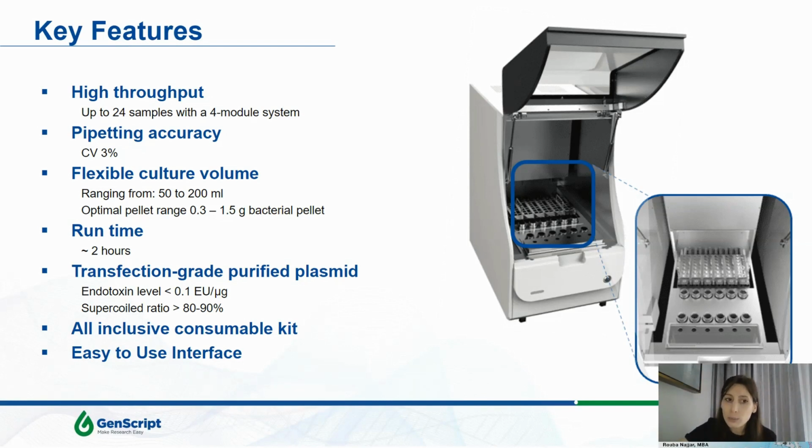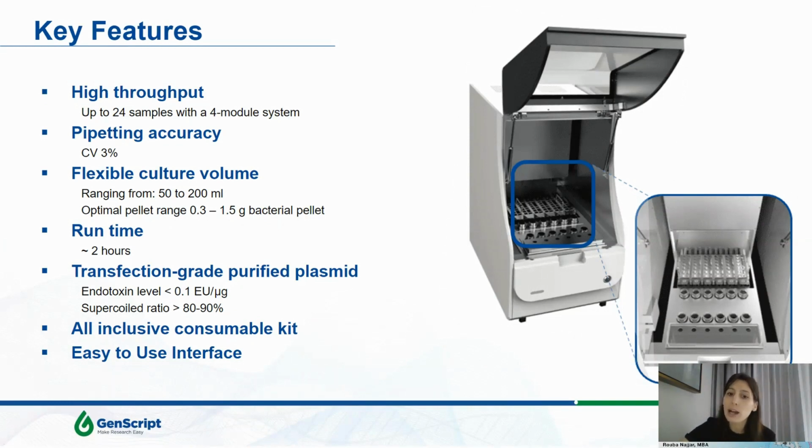And what you will end up with is actually transfection-ready pure plasmid, which of course is one of the top grade plasmids. So that means when you take the plasmid into your transfection assay, you will be seeing excellent results. And the one additional thing to mention is that the consumable kit is actually all-inclusive.